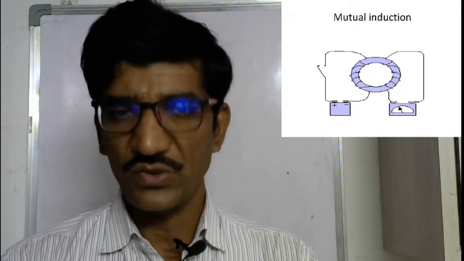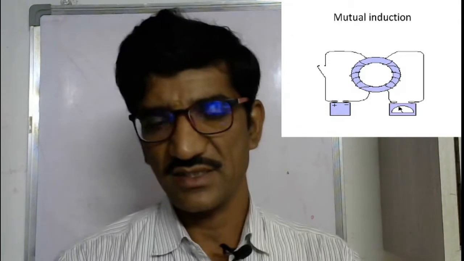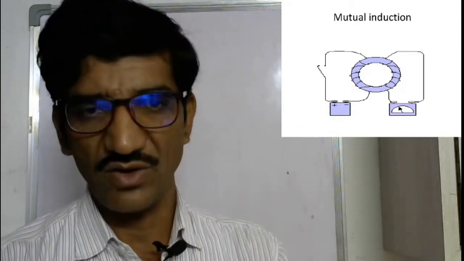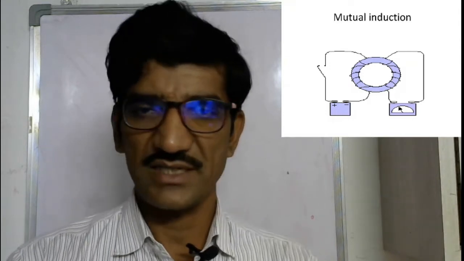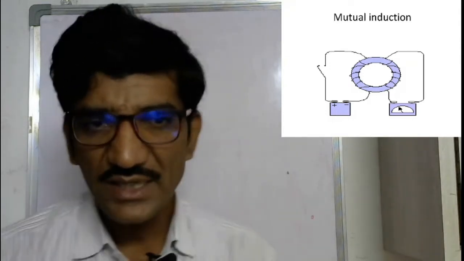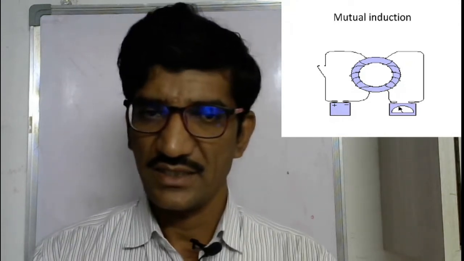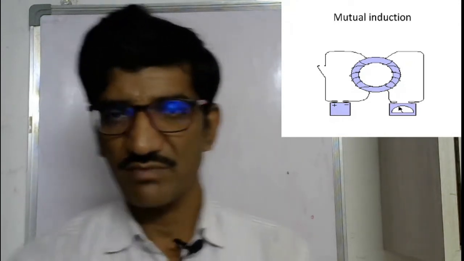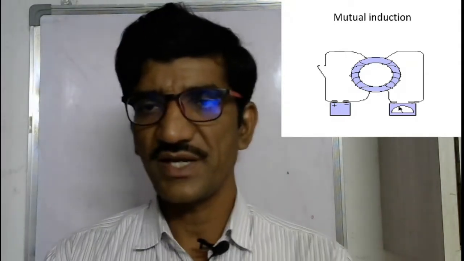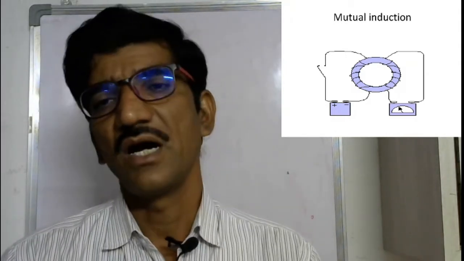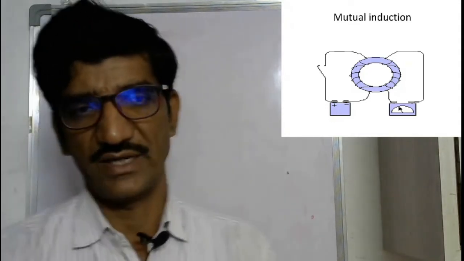Due to this variable current, you have a variable magnetic field within the core. Since this core is shared by the second coil, this varying flux is also bounded by the second coil. Due to this varying magnetic field, you have an induced EMF in the second coil.